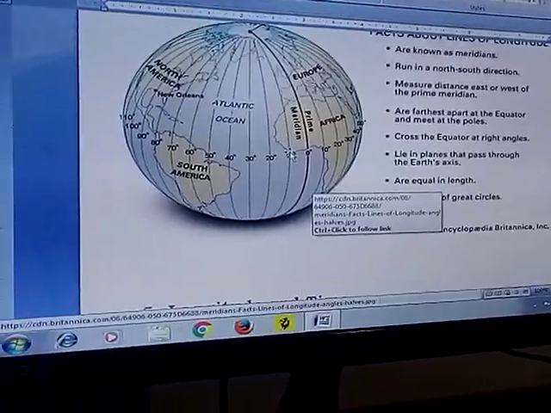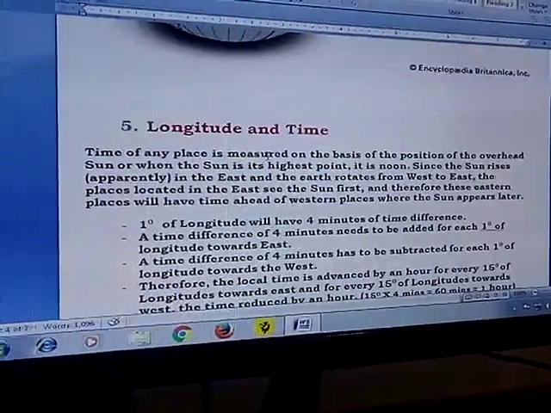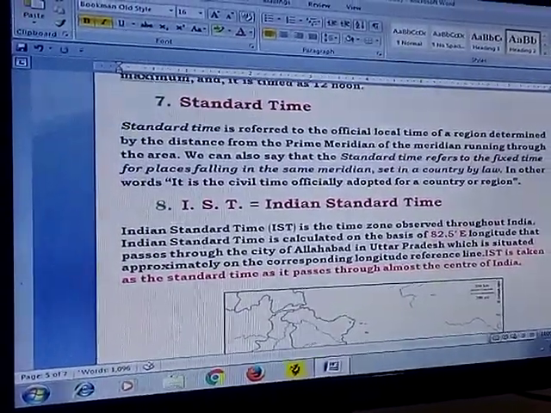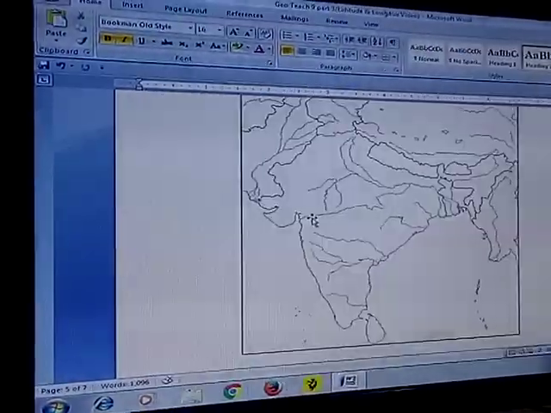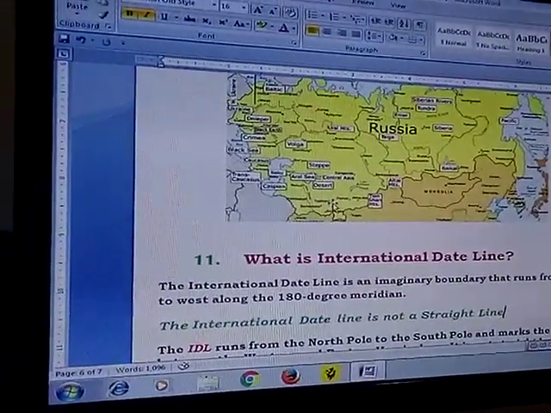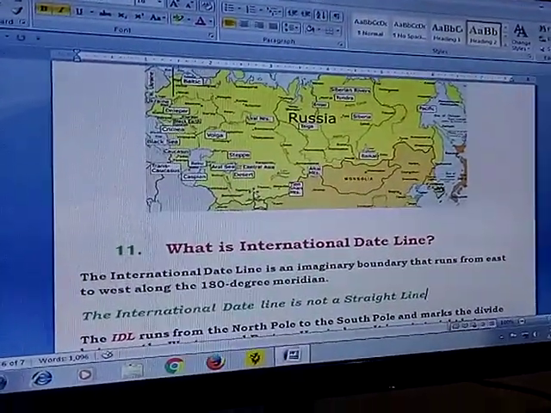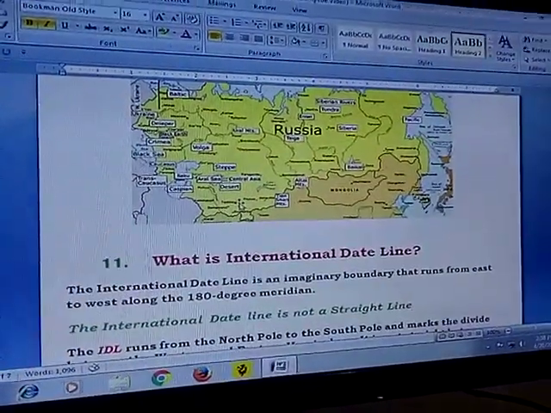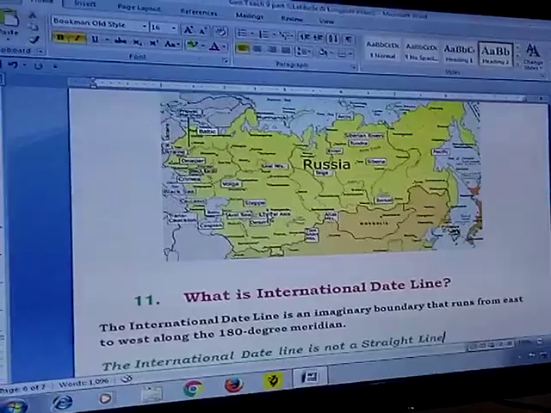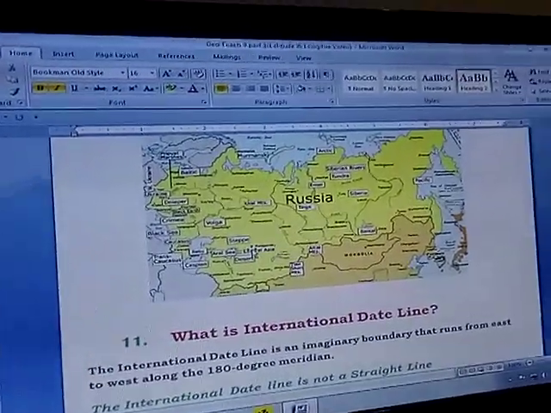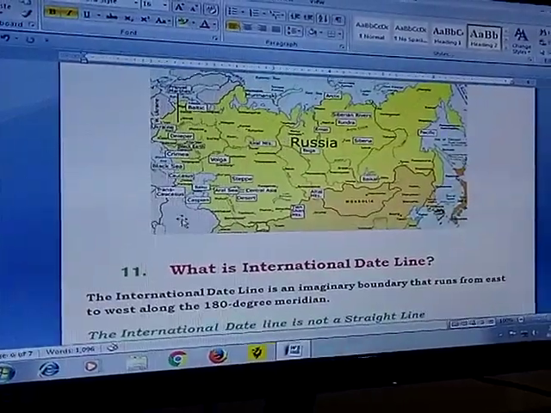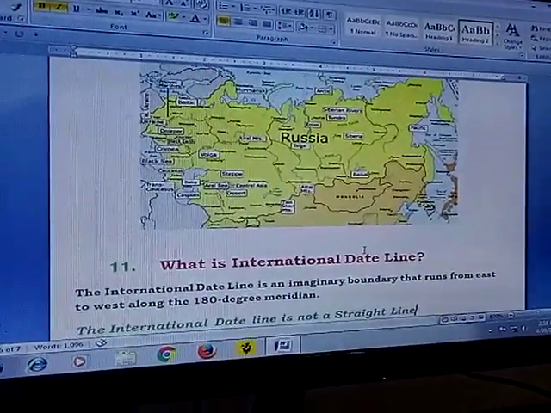It is not actually shown here because the international date line is a timeline, and to merge with the time, it passes through the Pacific Ocean, and in the Pacific Ocean there are a few islands which belong to different countries. To merge with the time of those particular countries, the international date line has to make some zigzag in the middle.